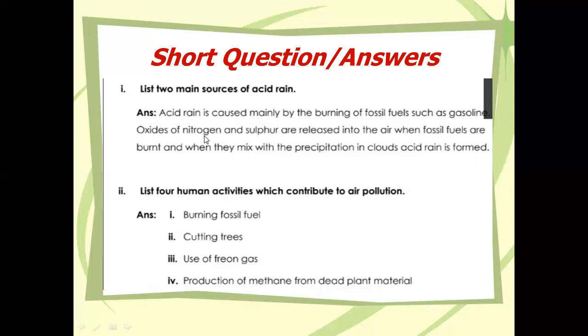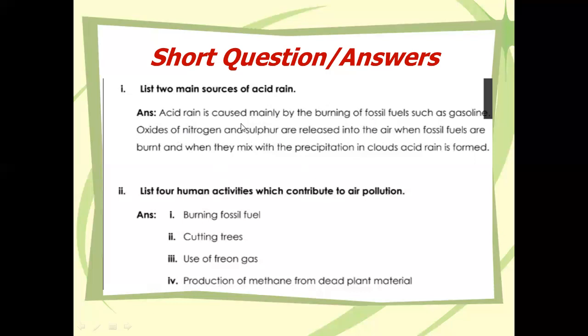These gases are released into the air by burning of fossil fuels and by the exhaust of automobiles. They react with rainwater and form nitric acid and sulfuric acid, which are strong acids, and they decrease the pH of the rainwater to 2.1 and make it acidic.